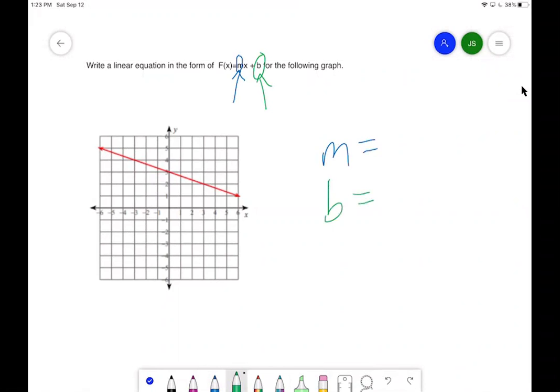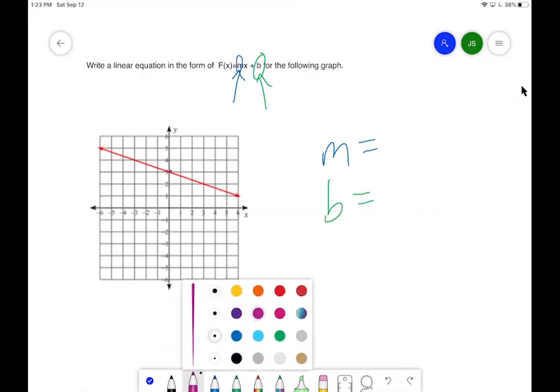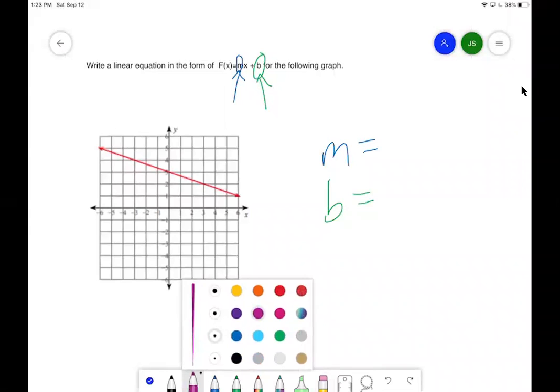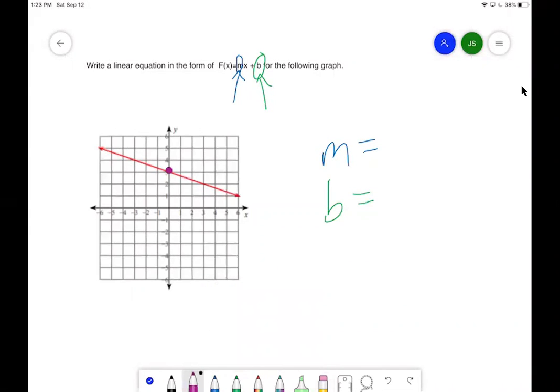Again, I like to start with the y-intercept because it's the easiest one to identify. So I see here at +3, I'm just going to make it thicker so that you can see the point more accurately. Here at +3, that's where my line crosses my y-axis, so that'll be +3.